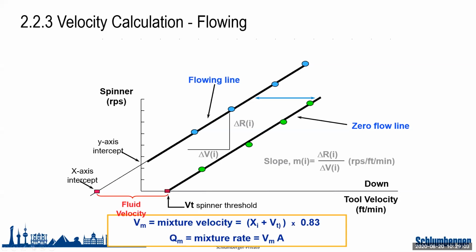So we can see over here, this is another way of putting it, velocity of the mixture is equal to the intercept in X plus threshold velocity, and then multiply by 0.83, but in this case, this is a generalization, this is a simplification of the mixture velocity from a spinner.